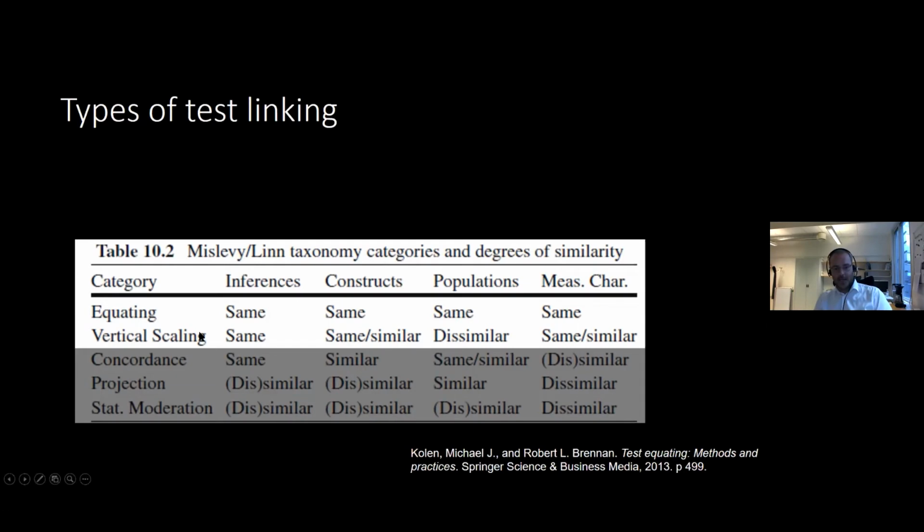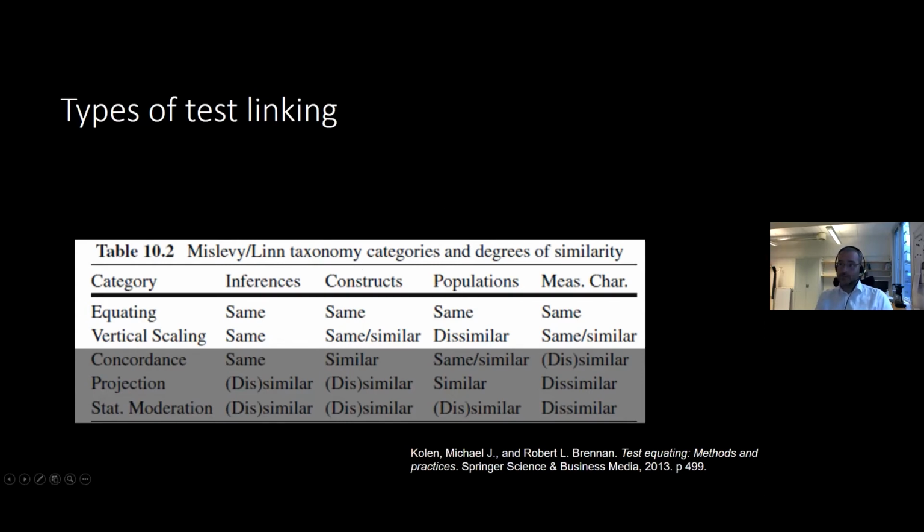In vertical scaling, it's similar with the construct and measurement characteristics, but dissimilar in population, meaning that you have, for example, students in grades 3, 4, and 5 taking different tests that you want to connect together, which you then would have a scaling situation where you want to develop a scale across multiple grades, which is what I currently work with.